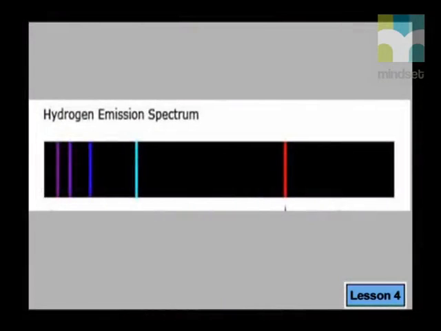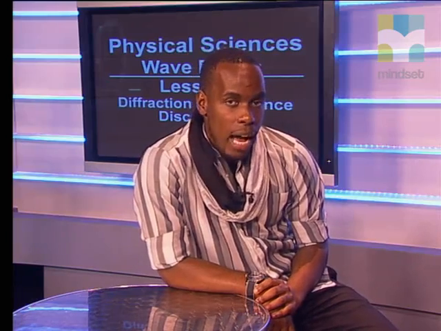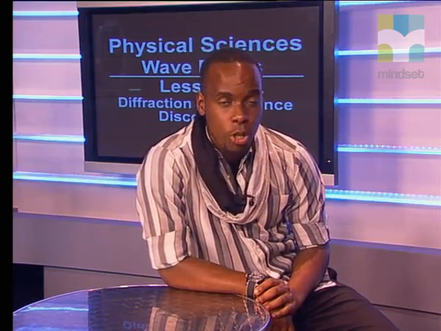Here is an example of what you see through a diffraction grating. The colored lines in the picture are the special colors that hydrogen emits. Hydrogen, no matter where it is, on Earth or in space, produces a pattern of frequencies that one can recognize. These colored lines are called the spectral lines of hydrogen.